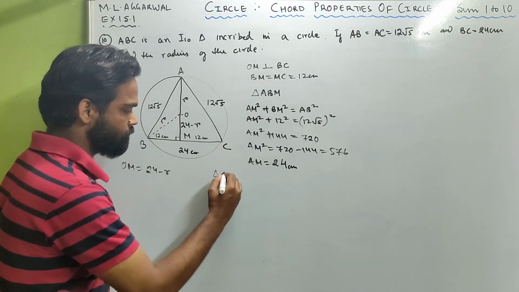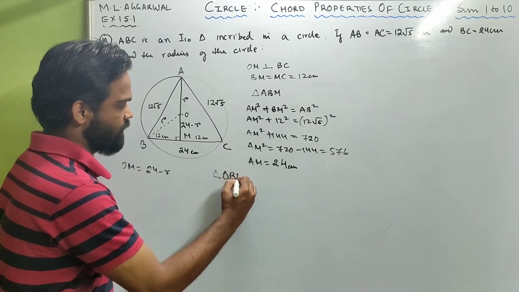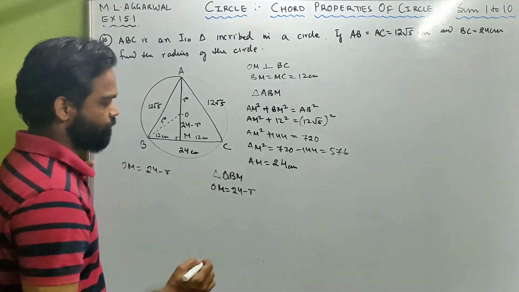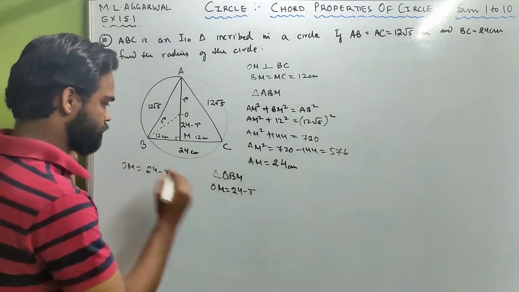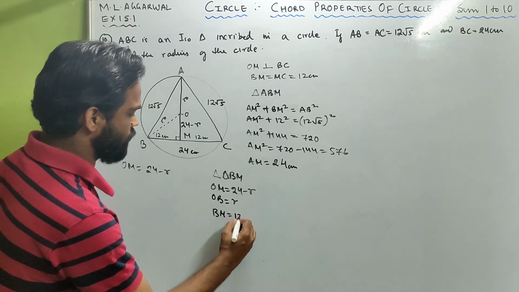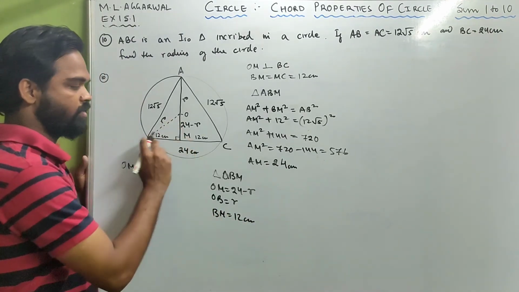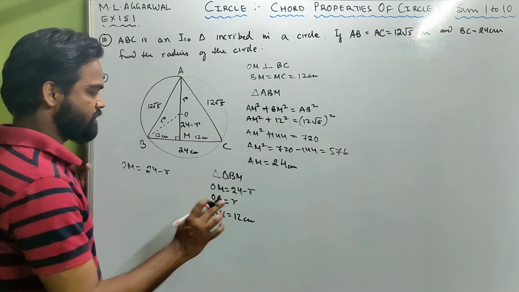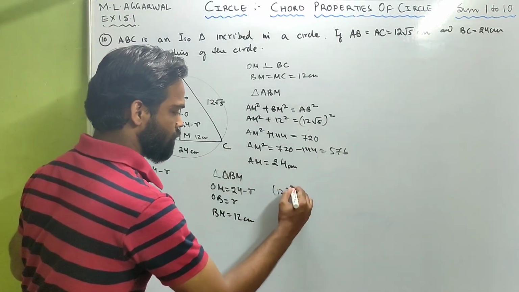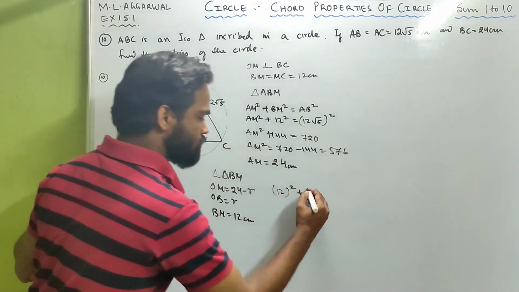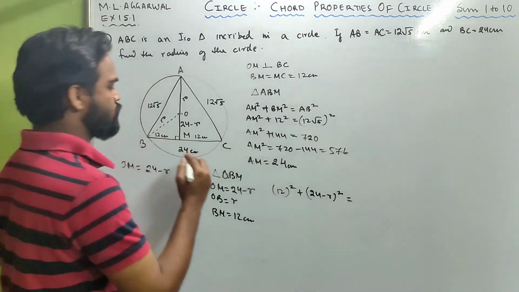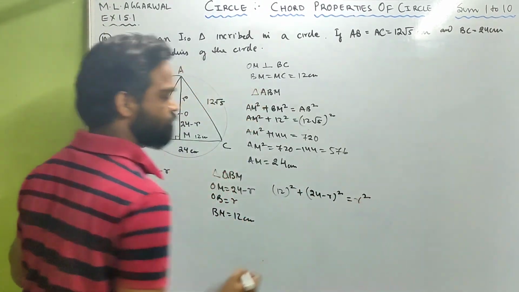OM is 24 minus R, OB is R and BM is 12 centimeter. And OM is perpendicular to BM, which means can I write Pythagoras theorem, 12 square plus 24 minus R whole square is equal to R square. Yeah, I can write like this.